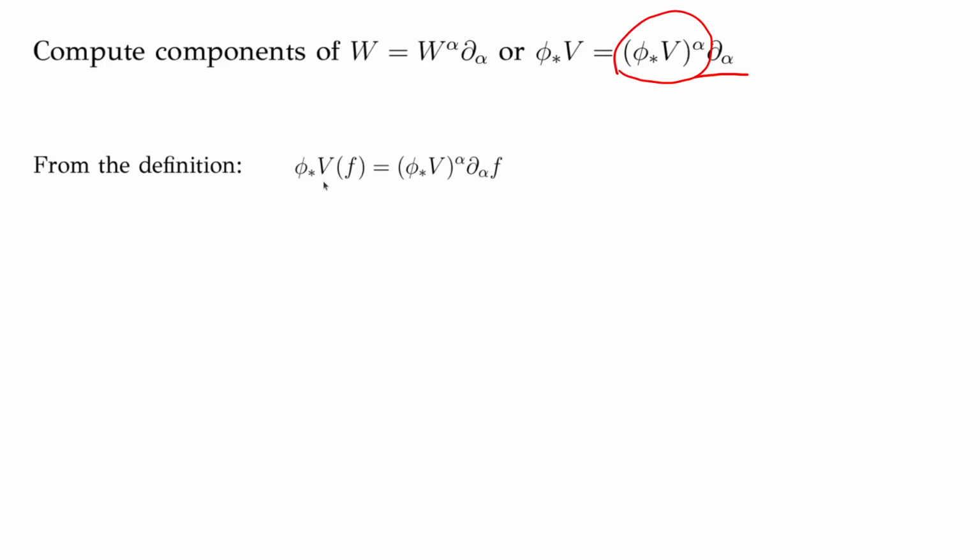And we know that the action of phi star v on any function f will be given by this relation here. So let's make a small digression and explain a little bit what we mean by this partial derivative of f with respect to y alpha.